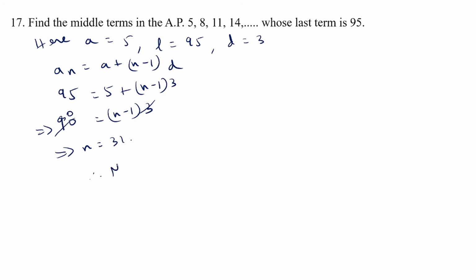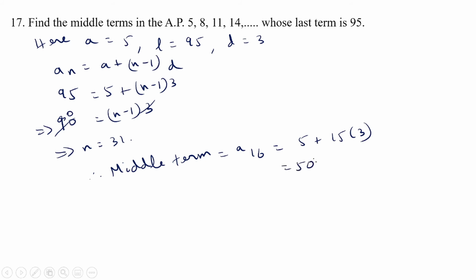So since n is an odd number, the middle term will be A16. Therefore, middle term equal to A16, or it is equal to 5 plus 15 into 3. This is equal to 50. So the middle term of this arithmetic progression is 50.